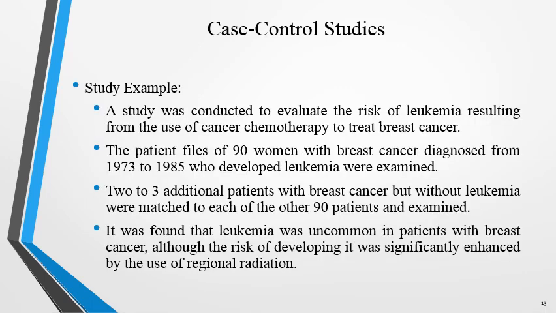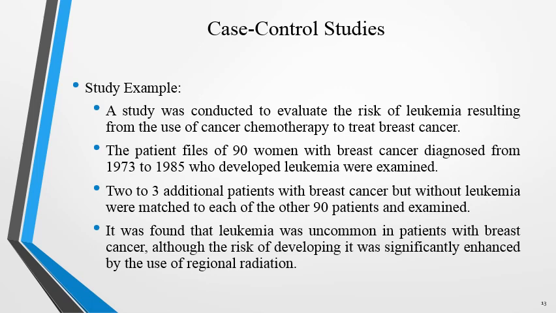Now here is an example of a case control study. A study was carried out to evaluate whether cancer chemotherapy causes leukemia in breast cancer patients. It was observed that when breast cancer patients were going through chemotherapy, leukemia was also observed in some of them.